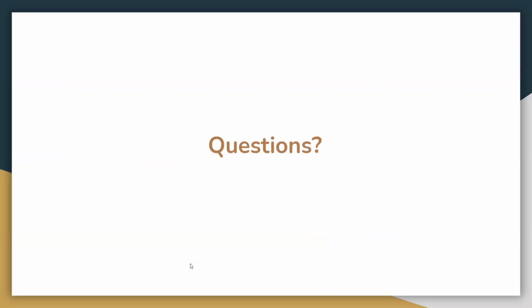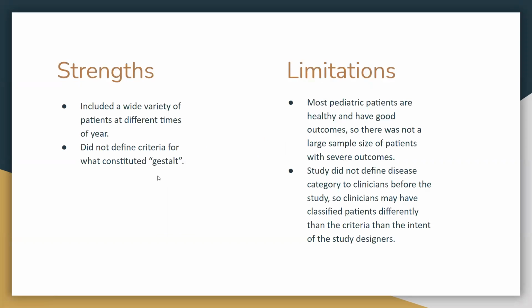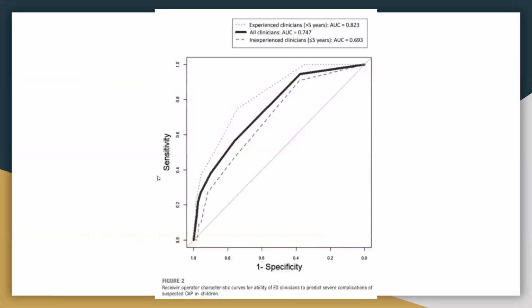I have a question. So it's really interesting the way that they, at least with that graph, it certainly does look like there's quite a big difference between less experienced and more experienced physicians. And that makes sense, but did the study look into it at all?